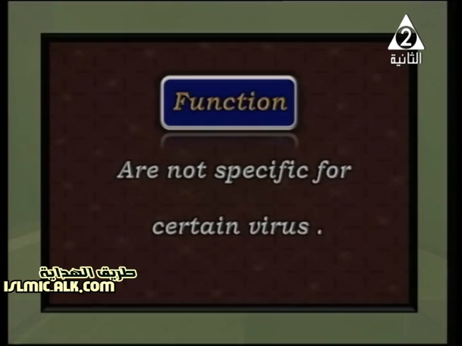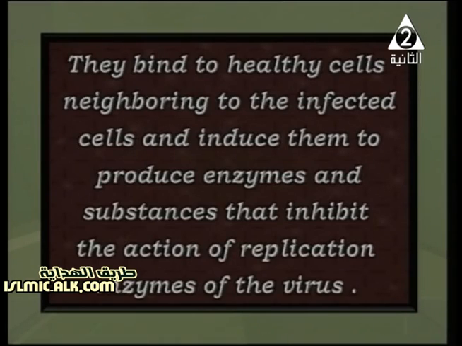They aren't specific for a certain virus. I mean, they aren't specialized to kill a group of viruses, but they bind to healthy cells neighboring the infected cells, and induce them, giving them a kind of spark. They activate them to produce enzymes and substances that inhibit the action of the replication enzymes of the virus.